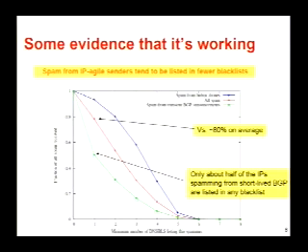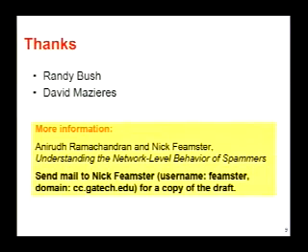So what you see is half the IPs coming from the short-lived ones are listed in a blacklist, and that means the other half aren't in the blacklist. And I think we're getting near the end.